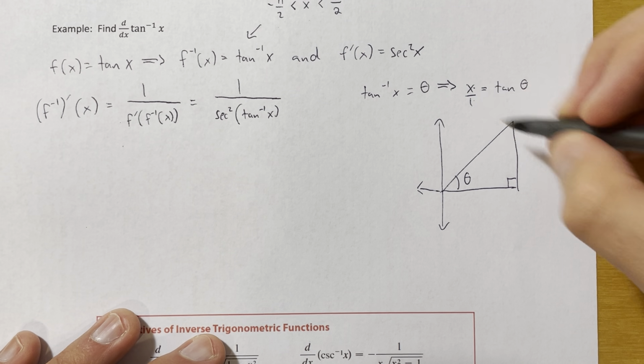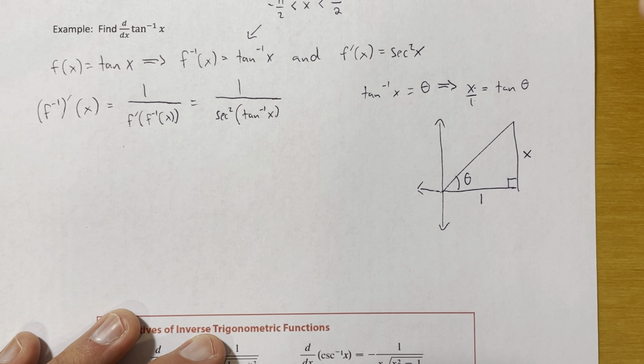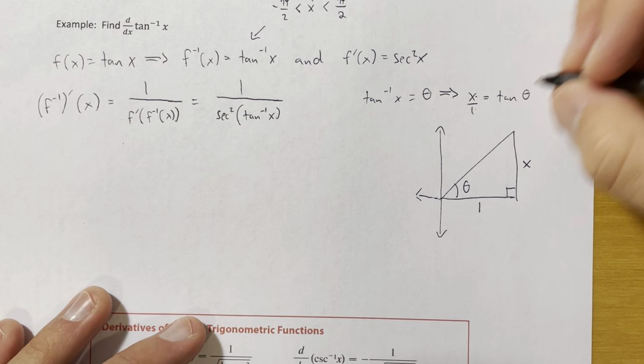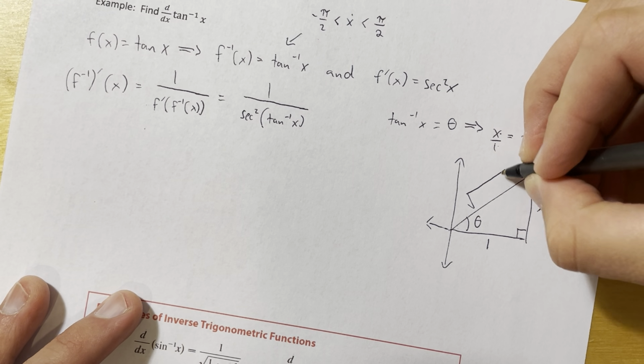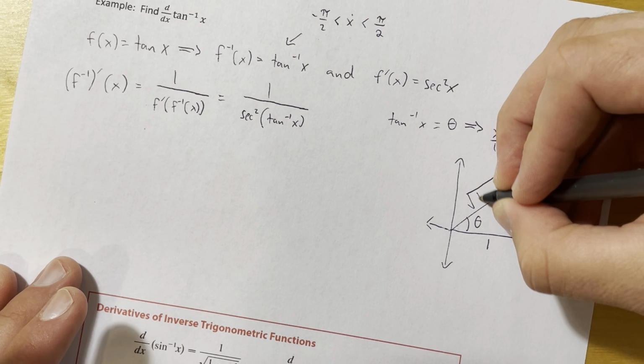Tangent is opposite over adjacent, so I have x over 1 here. So the hypotenuse, according to the Pythagorean theorem, would be the square root of 1 plus x squared.